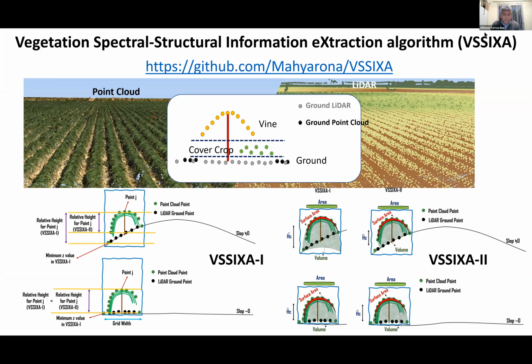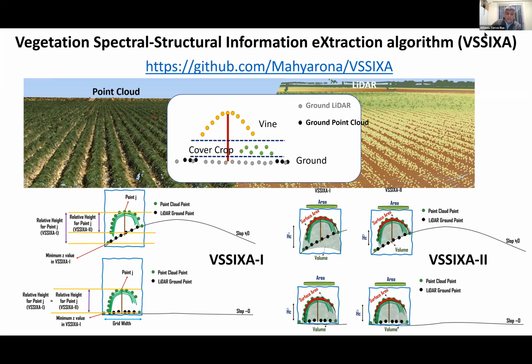So in our team, we developed an algorithm that we call the vegetation spectral structural information algorithm, SIXIA, for lack of a better name, that combines the spectral and the point cloud information and addresses the topographic conditions in the vineyards, either sloped or flat terrains that can occur.